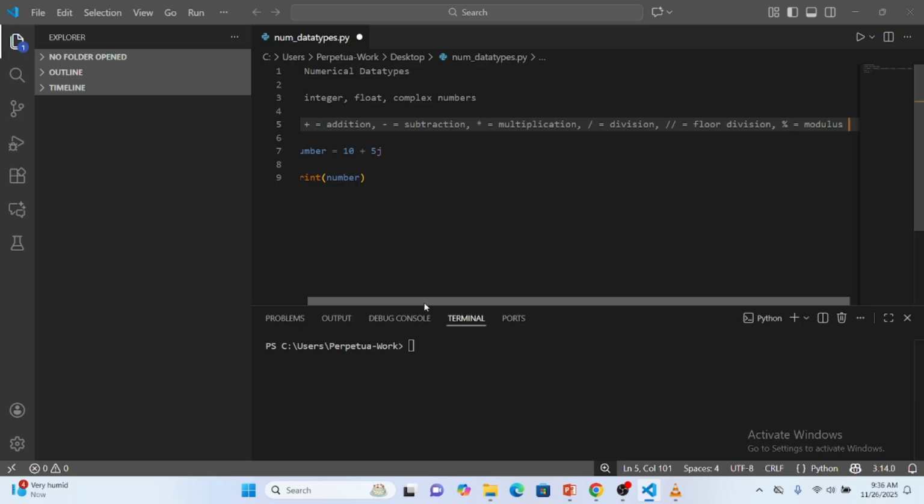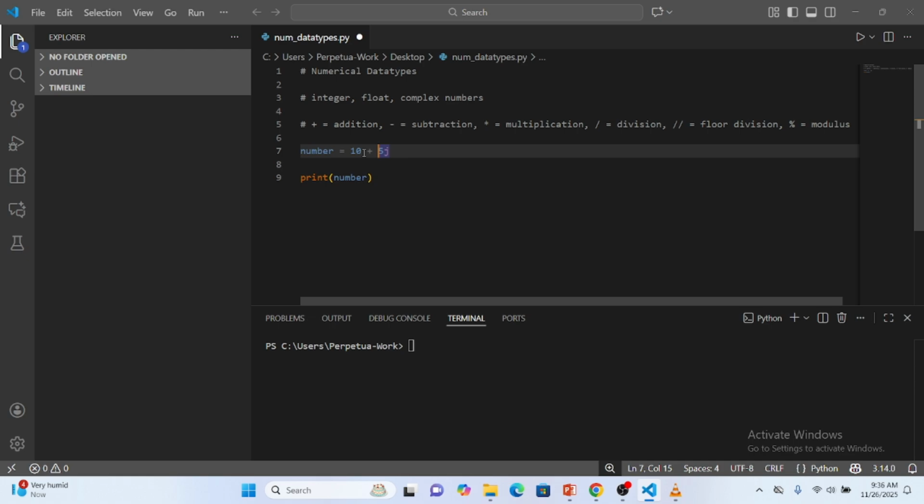Now all of these operators can be used on the numerical data types. And for instance, we have this complex number. Now I will have to point out that the complex number is a number that has a combination of numbers and letter. So like this 5j is a complex number, right?